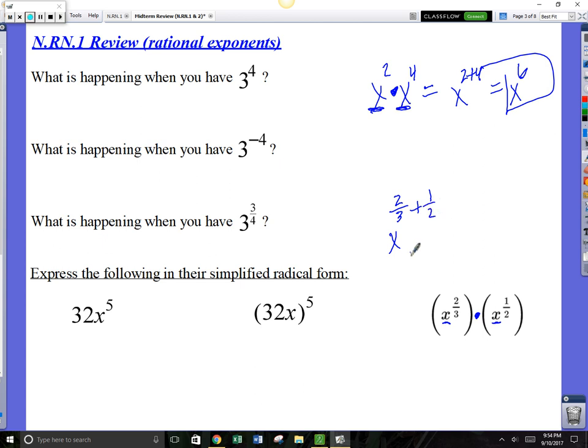And at this point, if you're not comfortable with fractions, this is just a calculator. So just punch in 2/3 plus 1/2, hit enter. Your calculator will simplify it for you, and you're going to get x to the 7/6.